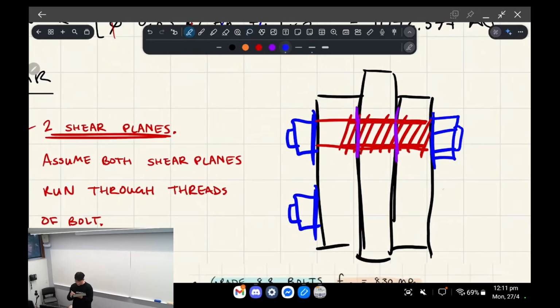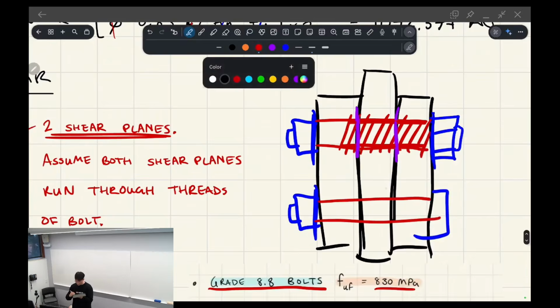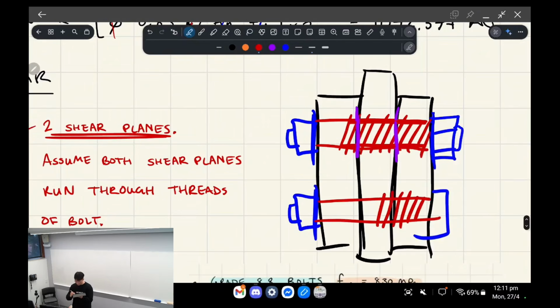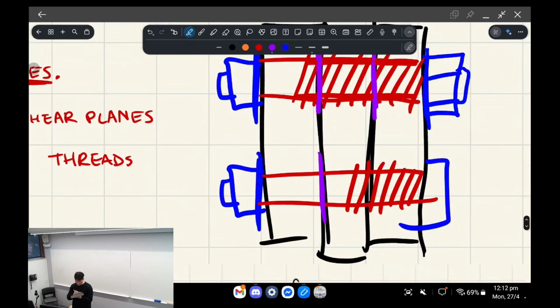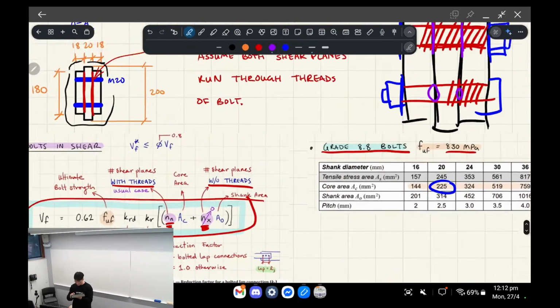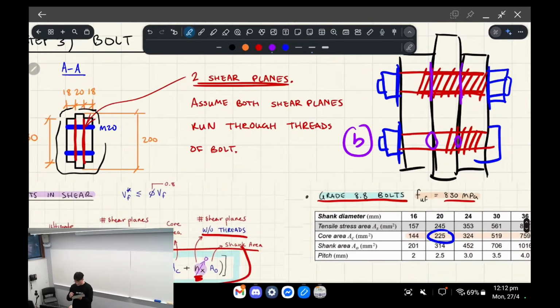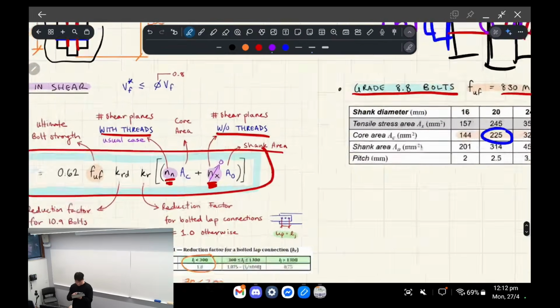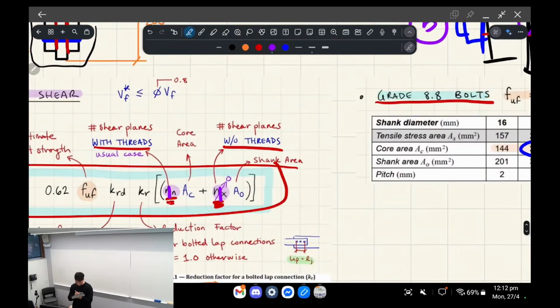Another potential scenario is if your threads only start over here. Then technically you would have a shear plane where you've got the larger cross-sectional area, like that, versus a smaller cross-sectional area like that. So let's say that's scenario B and that's scenario A. If you have scenario B, then this would be 1 and 1. If you have scenario A, you go 2 and 0.